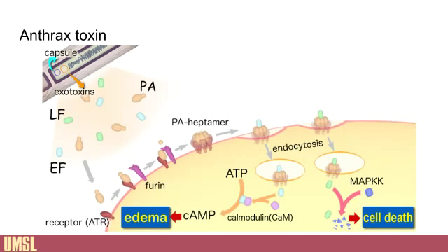So in either case, pictorially what's going on here is that there is this B domain that interacts with anthrax toxin receptor, and this binding subunit interacts with either the lethal factor or the edema factor.